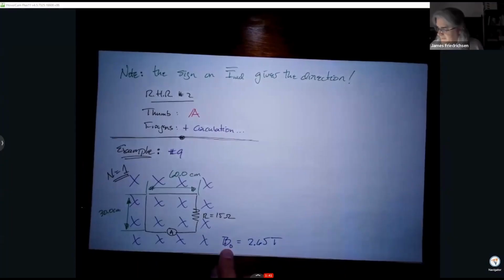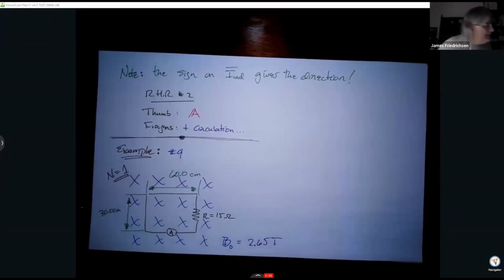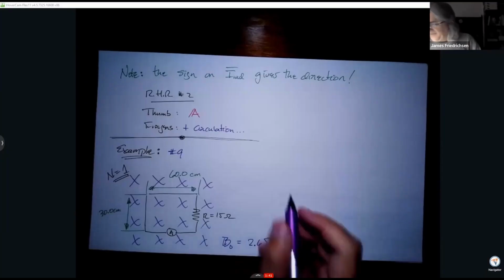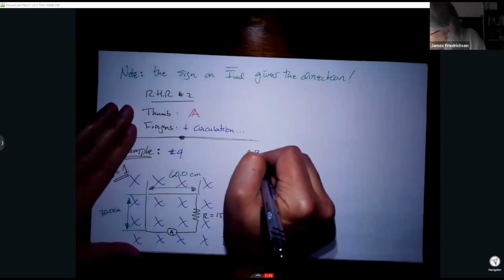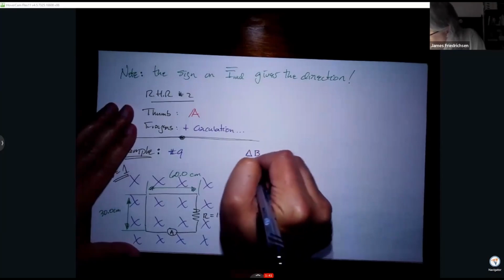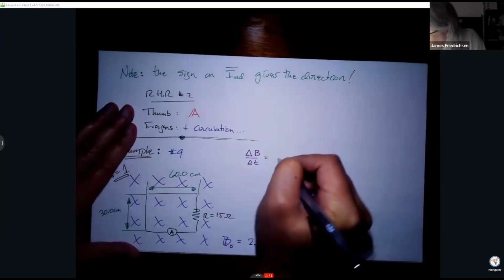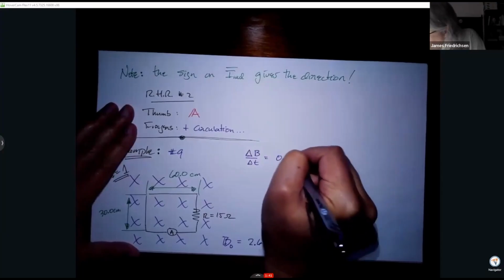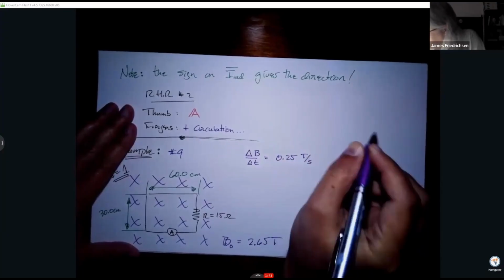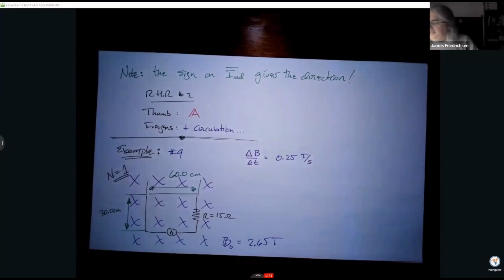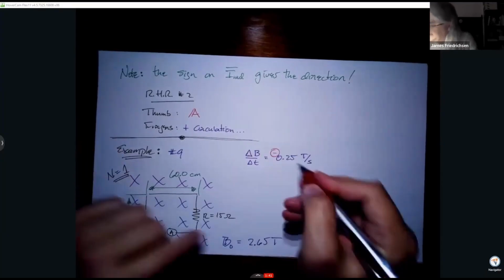Okay, so the magnetic field starts off at 2.65 Tesla, and then it says that it's going to steadily decrease at 0.25 Teslas per second. So what they give us is that the change in the magnetic field strength over the change in time is 0.25 Teslas per second, and since it is decreasing, then it is negative.